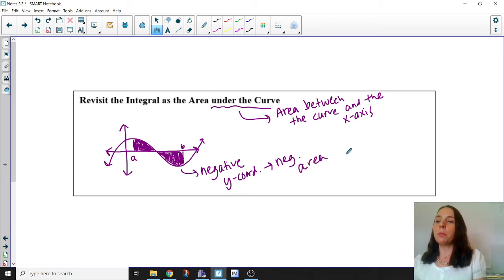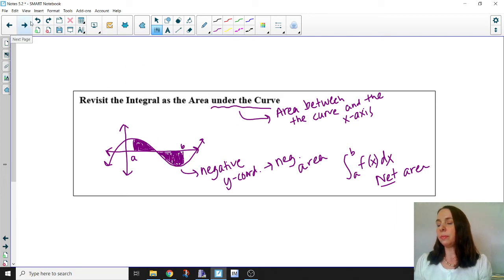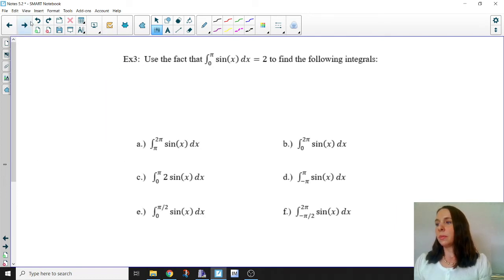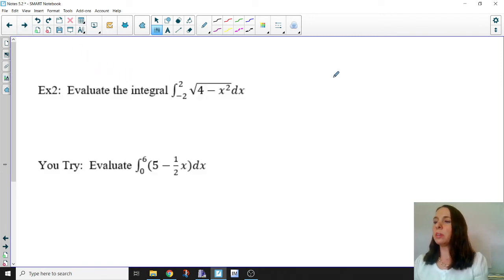Whenever we find an integral of a function, what we actually call that is net area, meaning positives with negatives combined. So be aware of that.